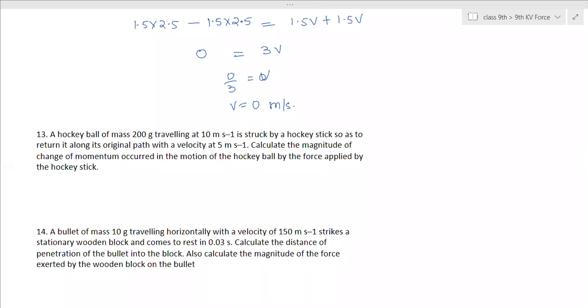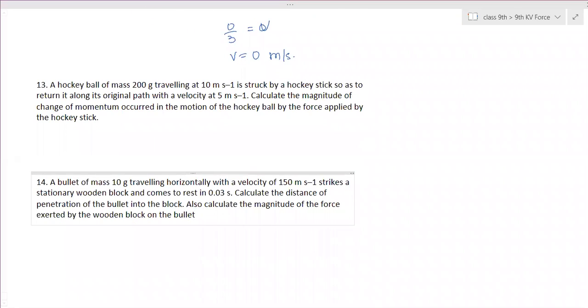Minus 18. Ma'am, the acceleration is minus 5,000 meter per second square in question number 14.